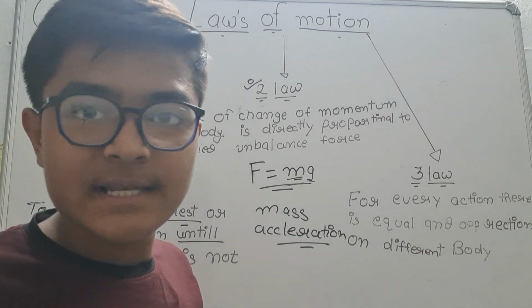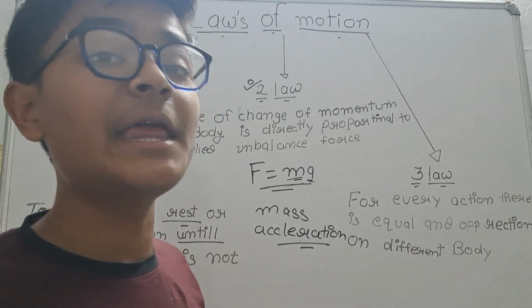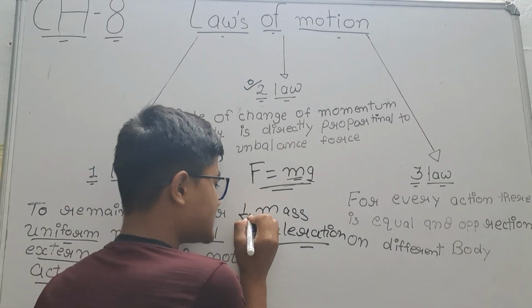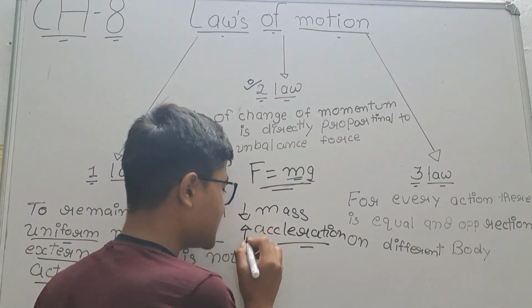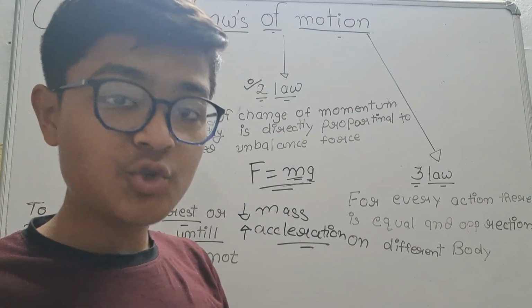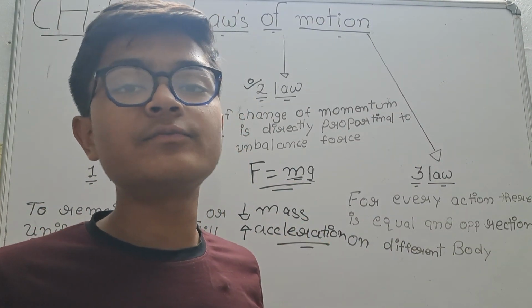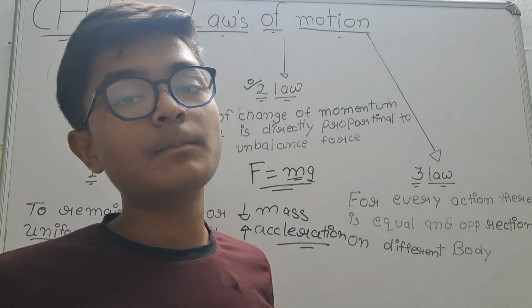So it means acceleration with higher and higher velocity. The mass is less, but the acceleration is more. So when you multiply it, you will get a larger number of Newtons of force applied on the bullet.